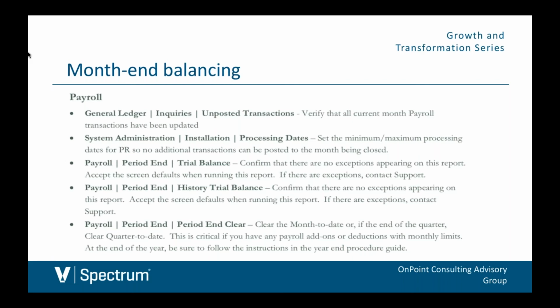Then the one thing in payroll, under period end, there's a period end clear. Spectrum being a little bit different here, we're controlling and closing our months by doing the processing date thing. And so it's not officially rolling and clearing out the month to date buckets.